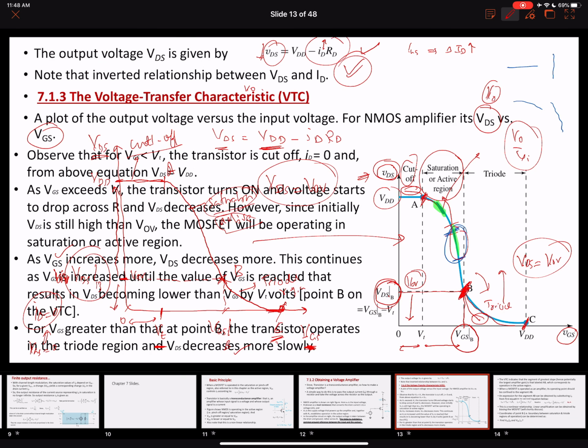So we ended up deriving this equation. We also saw in detail how we can find the voltage transfer characteristics. When the gate to source voltage is less than the threshold voltage, we have the cutoff region.